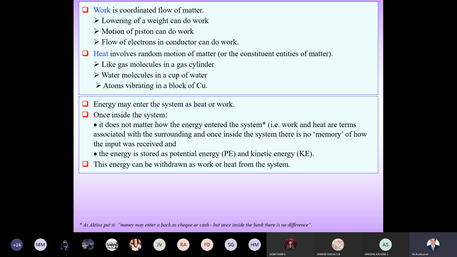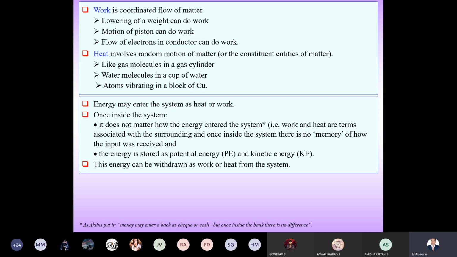Then heat involves random motion of matter. So molecules are the constituent entities of matter. So how can we get heat? Like gas molecules in a gas cylinder. So we can have the gas molecules in a cylinder transfer heat.